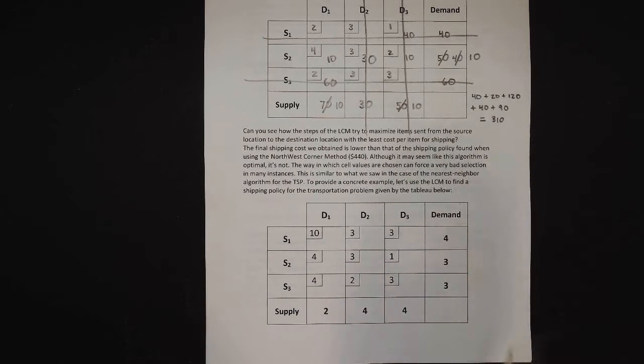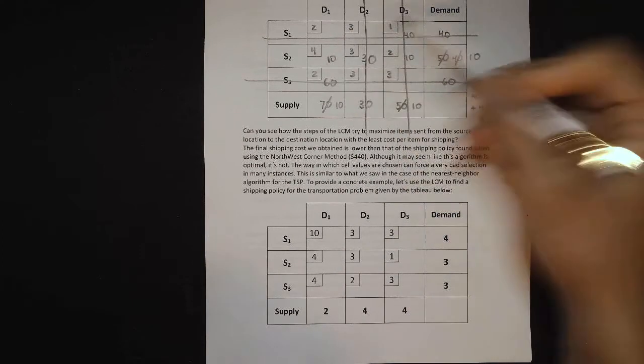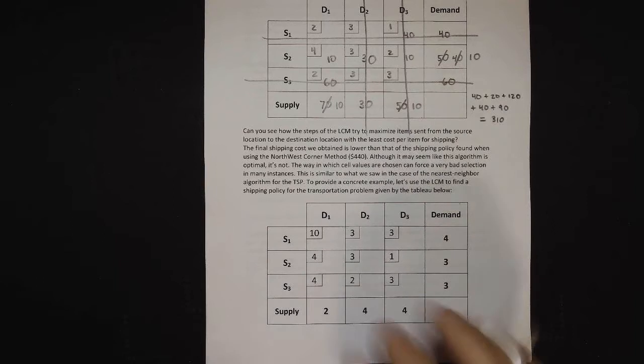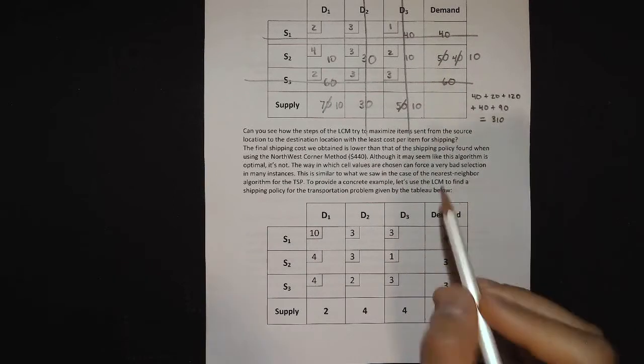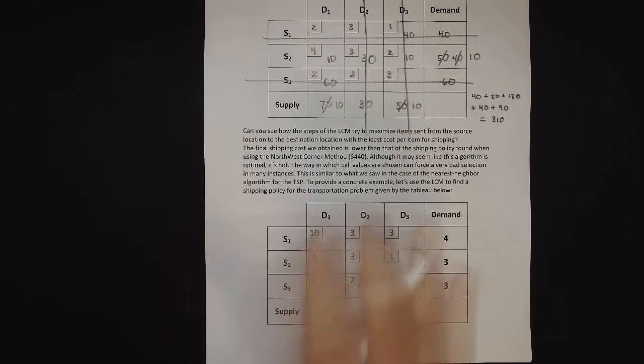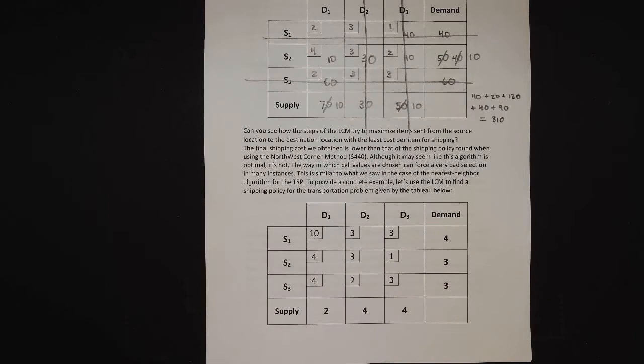Maybe some are, but this one isn't. So it's not going to see this problem any differently from any other, and it's not going to do anything special outside of its set, defined, fixed rules. So algorithms are kind of stupid in that way, but their brilliance is in their dependability and their explicitness. All right, so let's use the least cost method to find a shipping policy.